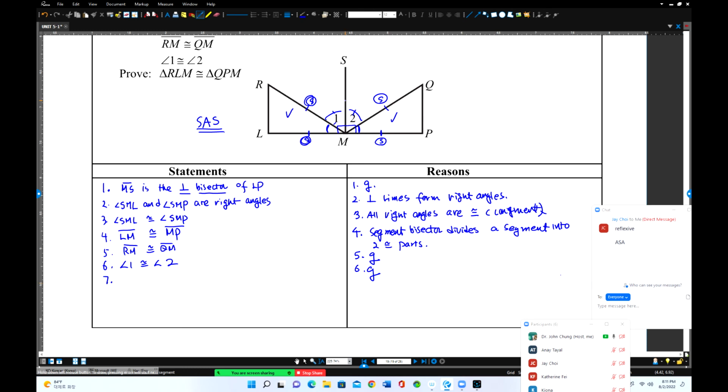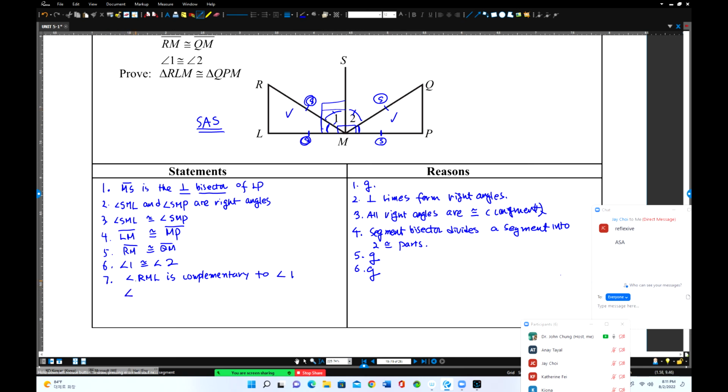So you can say angle RML is complementary to angle 1, because they form the right angle.